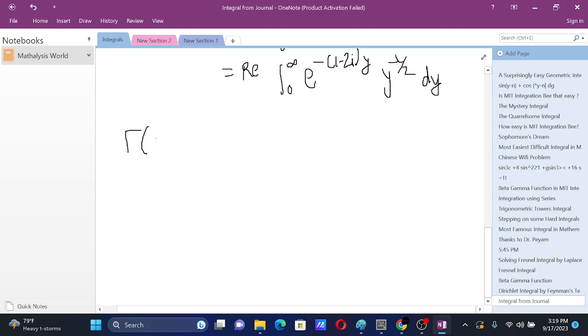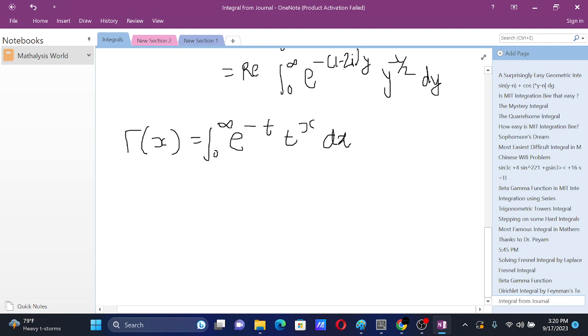So gamma of x is the integral from 0 to infinity of e to the power minus t, t to the power x dt. So this is the gamma function, but here we don't have exactly negative t.